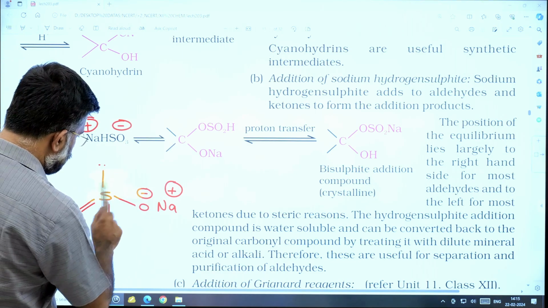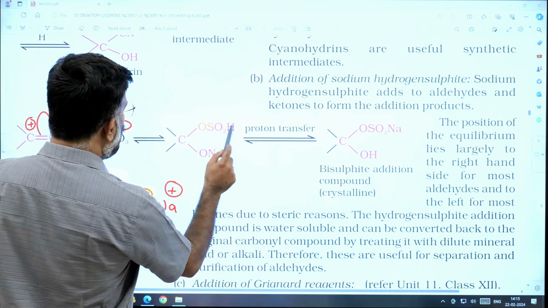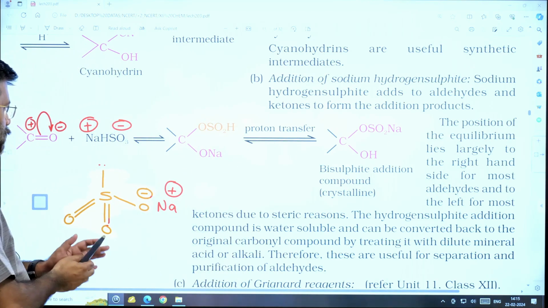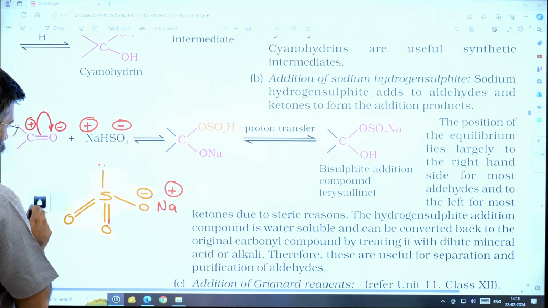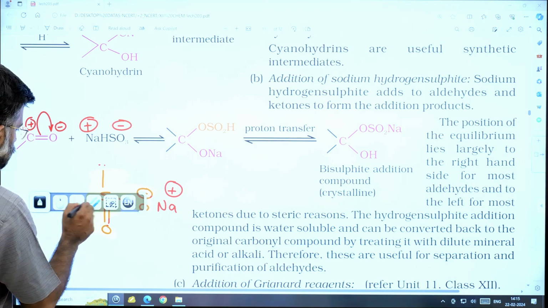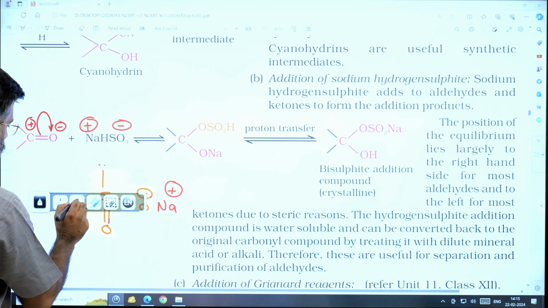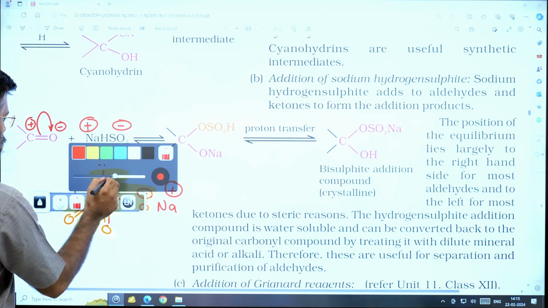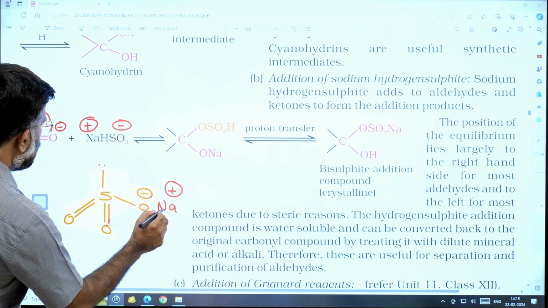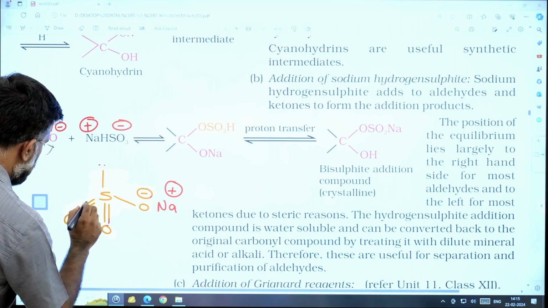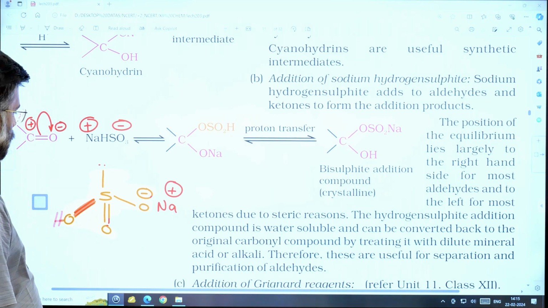this group, that is OSO2H. In fact, the molecule is NaHSO3, no? So how is it going to be? Na plus O minus and here it is OH, right?